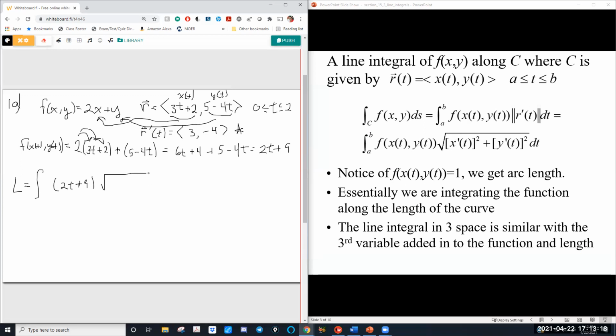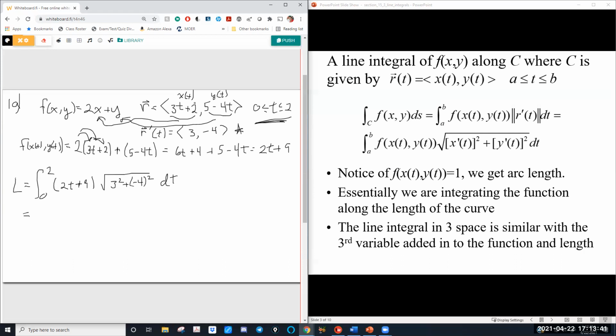So square root of 3 squared plus negative 4 squared. This is all in terms of t. And the range on your parameter is the limits of your integral. Now, that's it for setting it up.